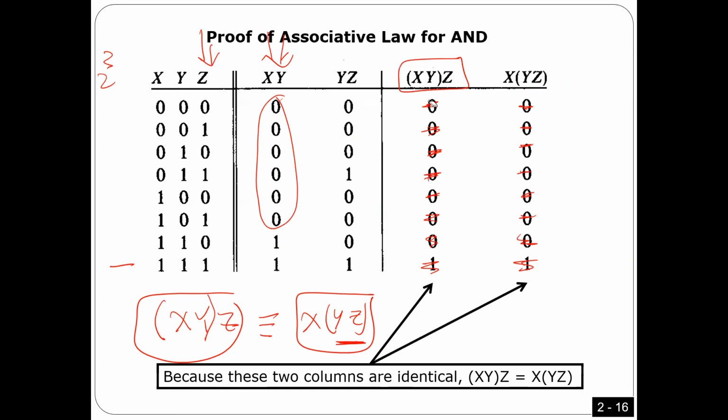Because you have 6 zeros here, I'm going to have 6 zeros here, and then here, look at this one. We have here 1 1 and 0 1. So I'm going to have 0 1. Okay, guys. I'm going to do the same thing for the other one here. So for the other one, I'm going to do AND between x and yz. Bit by bit, and this is the result I got.